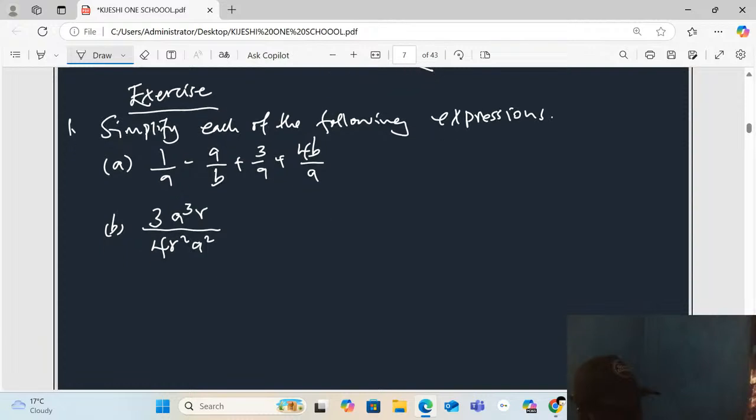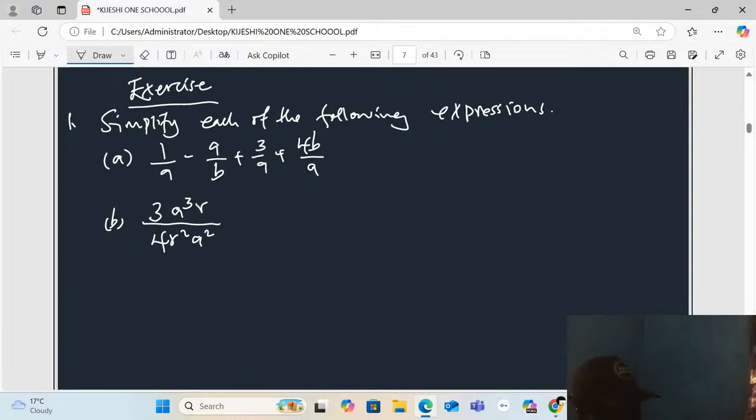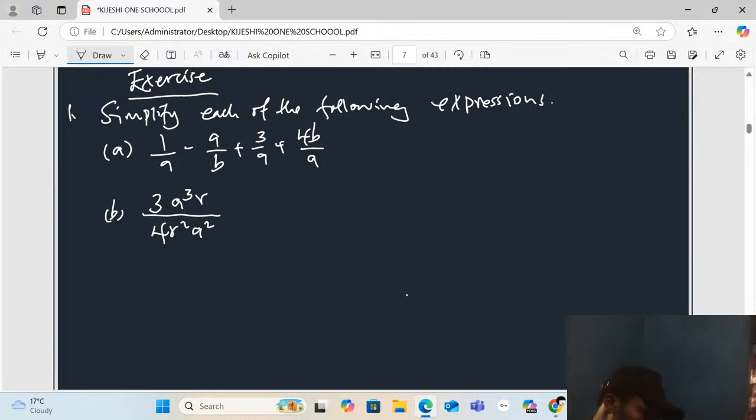You'll see how you're going to work this out. Then C: 3a over 2b, plus 4a over 3b, plus 5c over 4b.